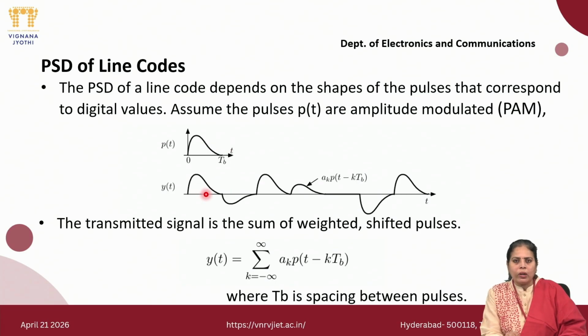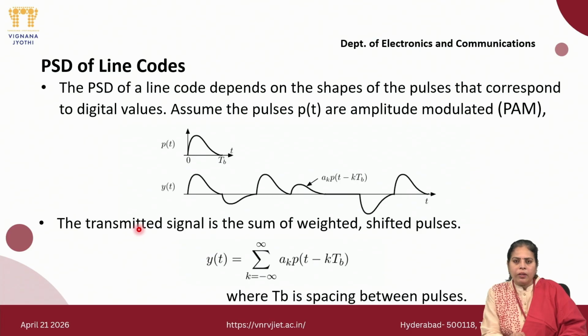If you look at a random transmission on the channel, the transmitted signal y of t could look something like this. I am using the pulse p of t to transmit 1 as well as to transmit 0. So the amplitudes are changed depending upon what you are transmitting.